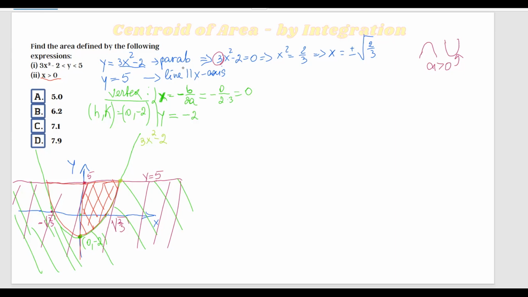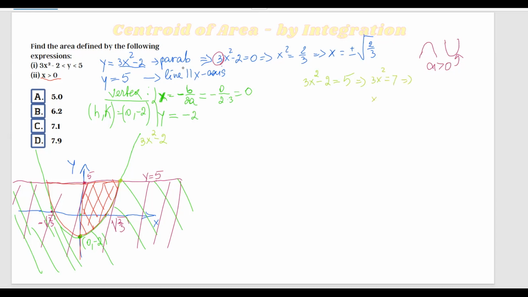In order to find this point, we just have to set 3x squared minus 2 equal to 5. So we take these two equations and make them equal. Moving forward, 3x squared equals 7.